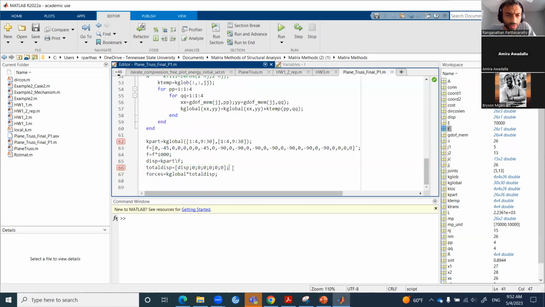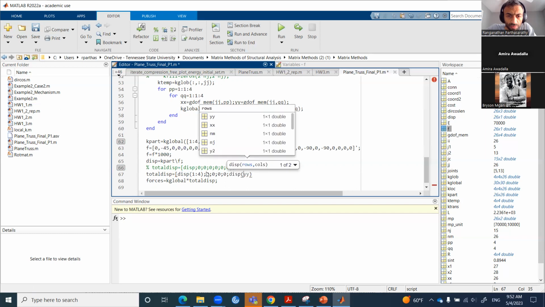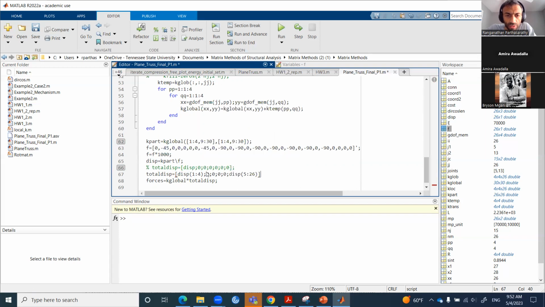So total displacement is displacement 1 to 4, and then we need to fit in 1, 2, 3, 4 zeros, then displacement of 5 to 26, right?